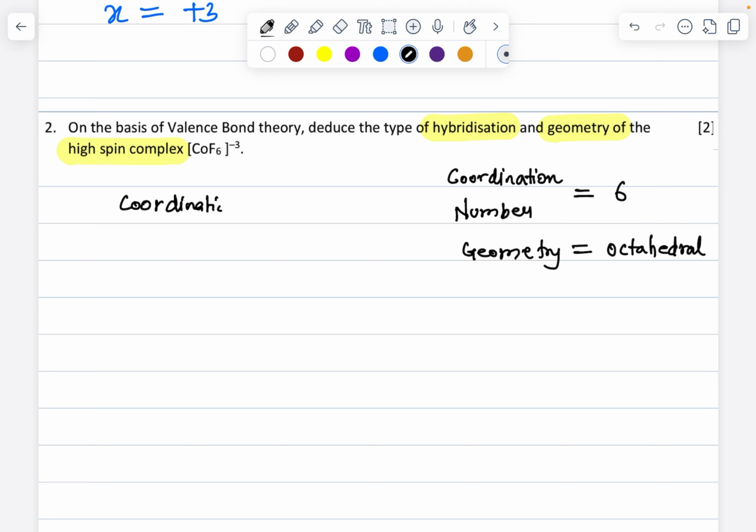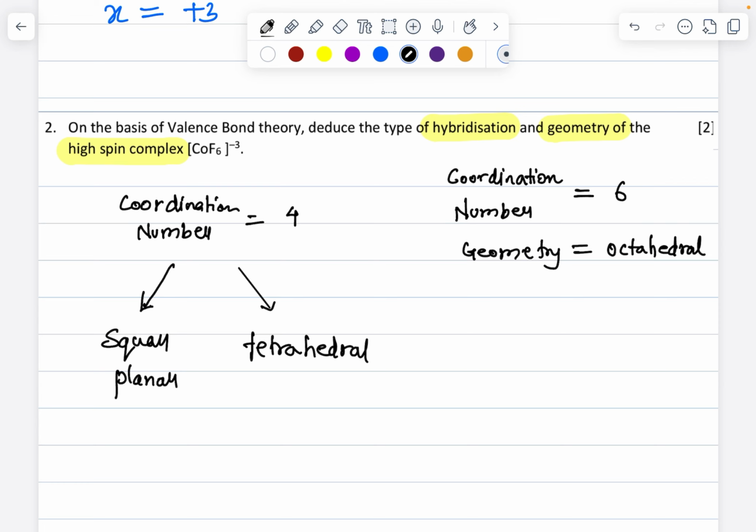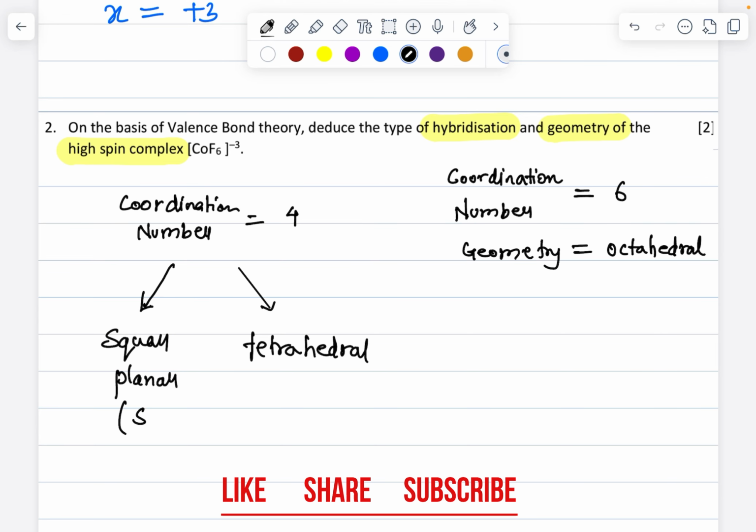But sometimes you have to take care. When the coordination number is equal to 4, there are two possibilities: one is square planar and the other is tetrahedral. But here the hybridization will matter.